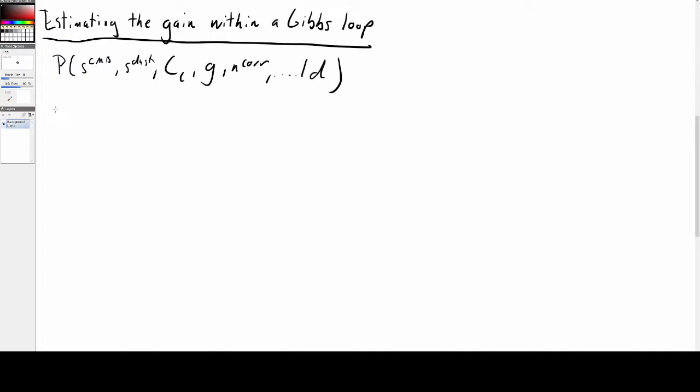And with the Gibbs sampling framework, what we do in order to try to map out this posterior distribution is to sample each of these conditionally on all the others, like this. And we do this for all the parameters, and then of course then including the gain.